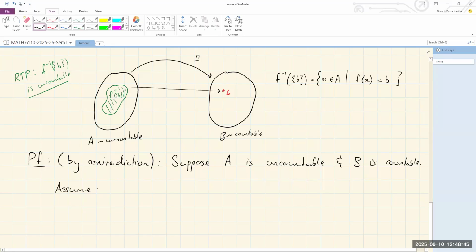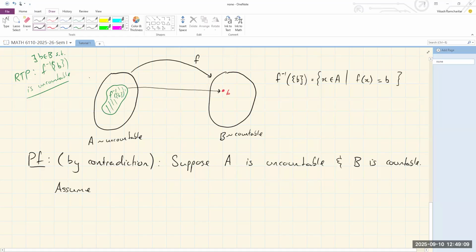Proof by contradiction means we're going to assume the negation of what we want to prove. So required to prove there exists an element b in B such that the pre-image is uncountable.